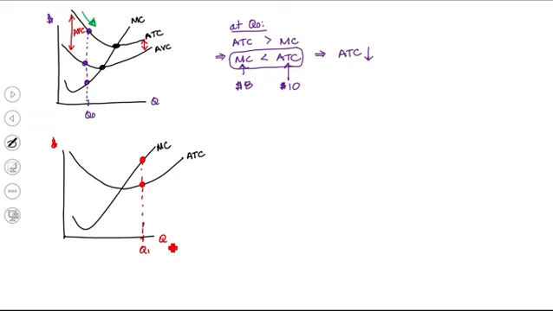So at output Q1, what do we see? Which is greater, guys? Marginal cost or average cost? Everyone agree marginal cost is greater? Okay. So marginal cost is greater than average total cost. I'll give you a second to catch up with me.